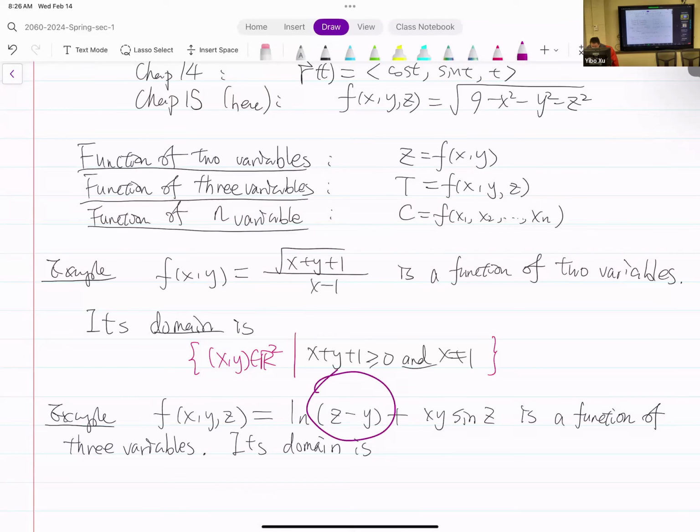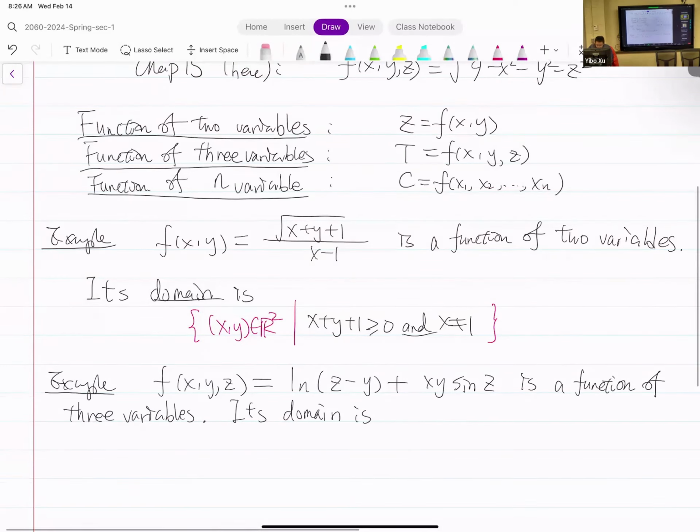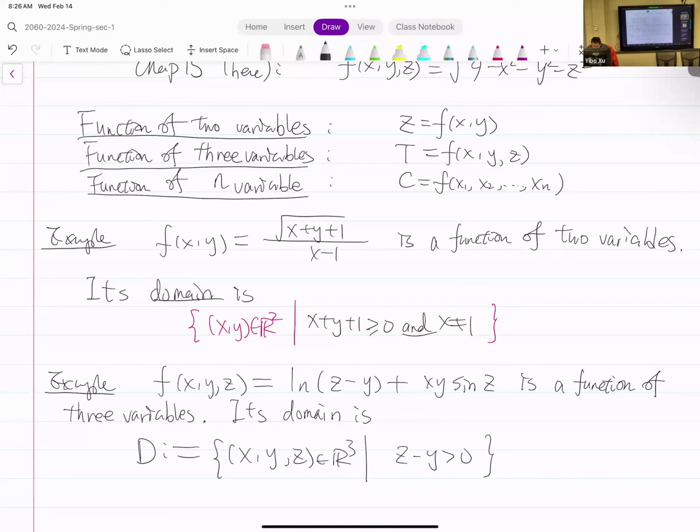So you have to have z minus y to be positive. That's the only restriction for our domain. So let's just denote D to be the domain set. That will be all the tuples in R3 such that z minus y is positive. Okay.